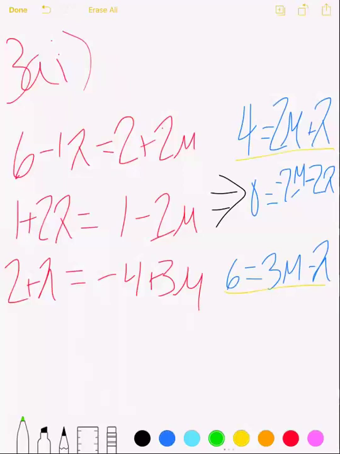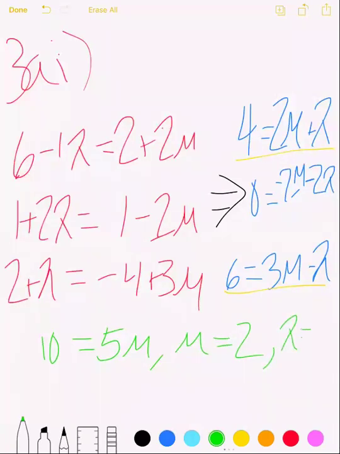And so when I add them, I end up getting 10 is equal to 5 mu, which means that mu is equal to 2. And if mu is equal to 2, then both of those equations tell me that lambda should be equal to 0.